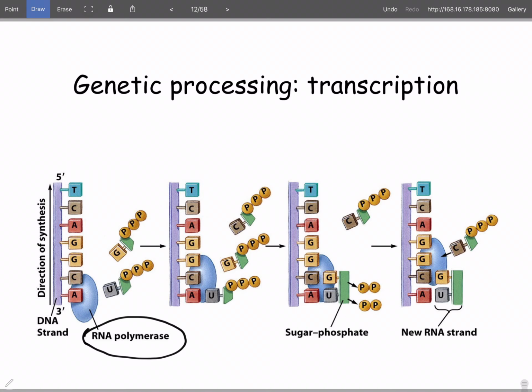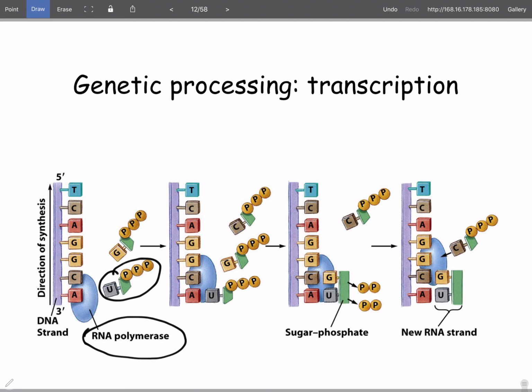There's some differences though. Instead of copying long DNA sequences, we're copying short segments of DNA or gene regions, right? The RNA polymerase is going to be able to recognize RNA nucleotides, that is ribonucleotides, rather than deoxyribonucleotides. So you see the incorporation of uracil, you guys know that, rather than thymine.